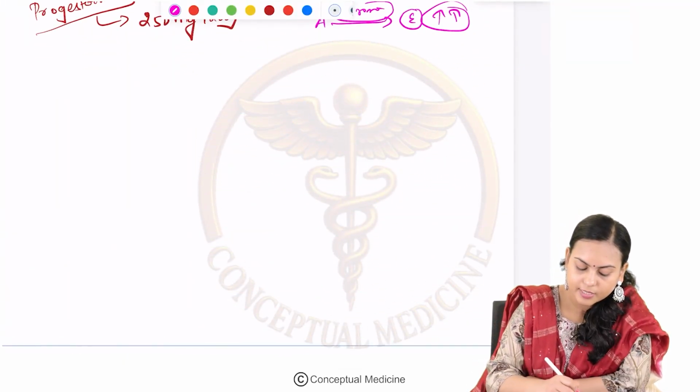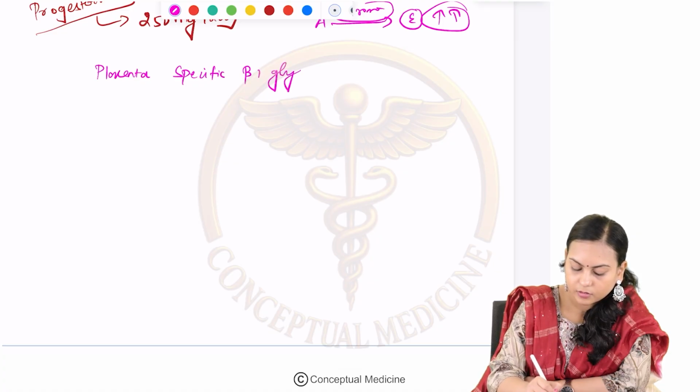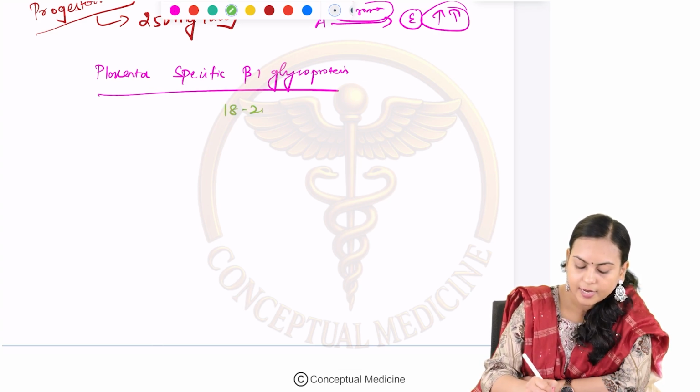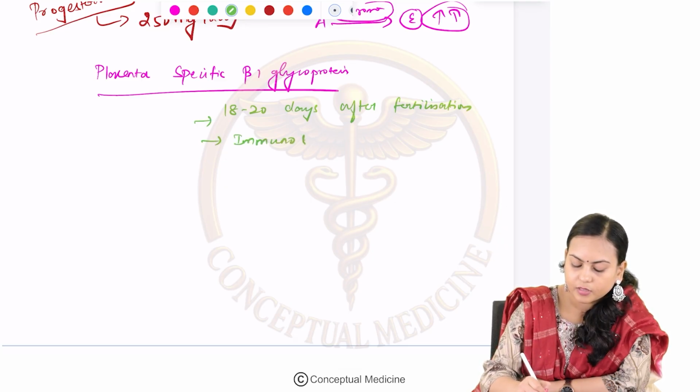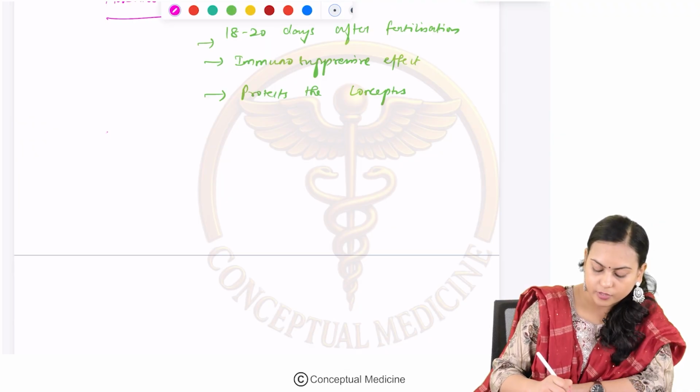Okay. We will see placenta specific beta 1 glycoprotein. This is produced from 18 to 20 days after fertilization. This has an immunosuppressive effect and it protects the conceptus. The next hormone is early pregnancy factor.